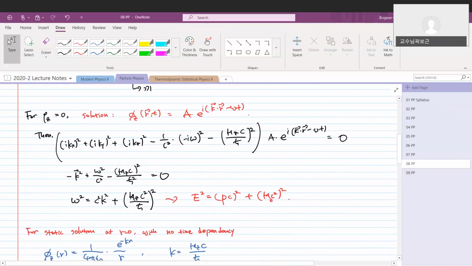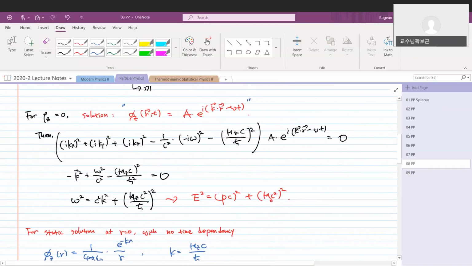To satisfy such a Maxwell equation, the Z boson potential is defined in terms of the classical static potential, very similar to the magnetic field case.